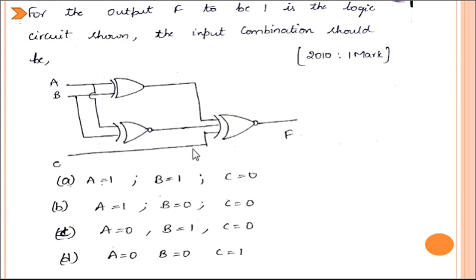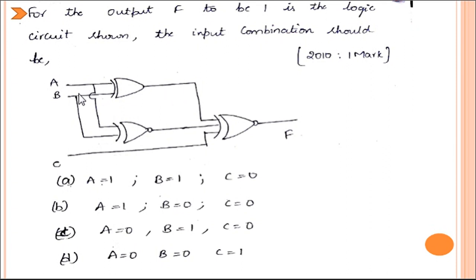Let us assume that the C value is 1. Since the C value is 1, the other two inputs must be 0 and 1, meaning one of these two inputs must be 1. So for the given combination, let us assume that C is 1 according to the theory. So if A is equal to 0 and B is equal to 0, we have to see whether this combination generates a 1 at its input or not. For A equal to 0 and B equal to 0, the output of the XOR gate is 0.